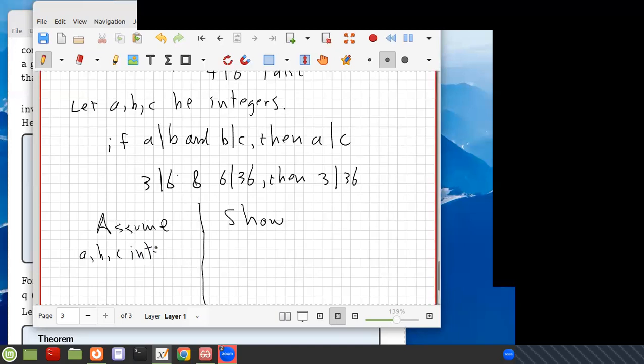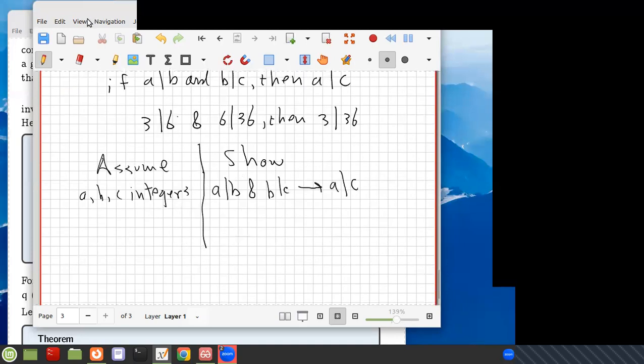So we can just use facts of numbers, like all the facts of high school numbers. And then that's basically it, right? And then we want to show that A divides B and B divides C implies A divides C. So it uses this if-then statement.